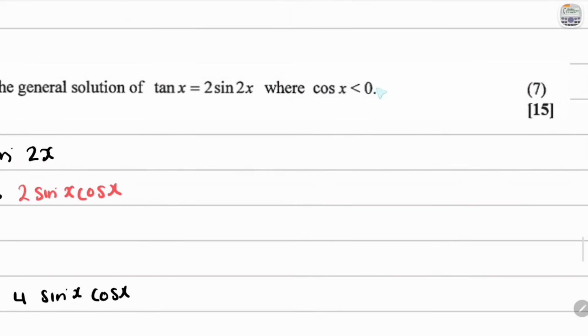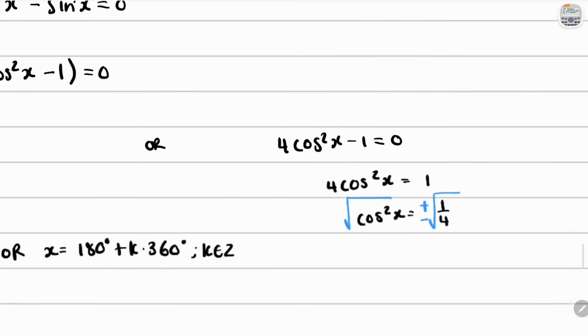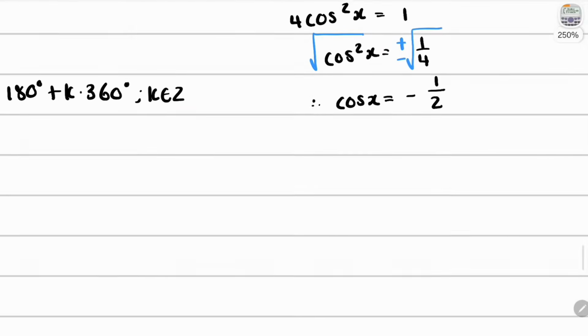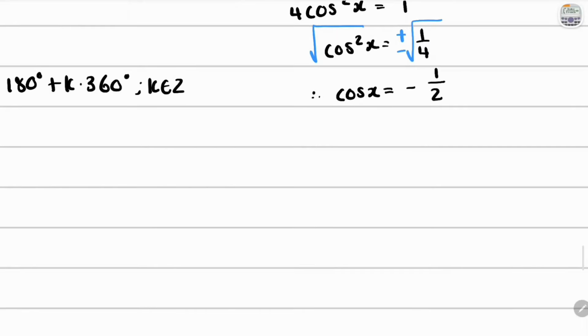They said that cos x is less than 0, the value of cos x. We're solving right now for cos x, okay? So when we square root cos squared x, we get cos x. And this is equal to, so we need to consider the negative solution. So that's going to be negative square root of 1 over 4, which is 1 over 2. So this is what we have, and this is what we need to solve for.